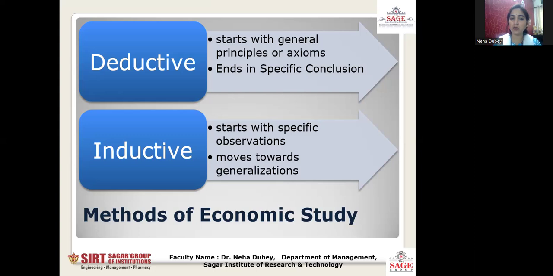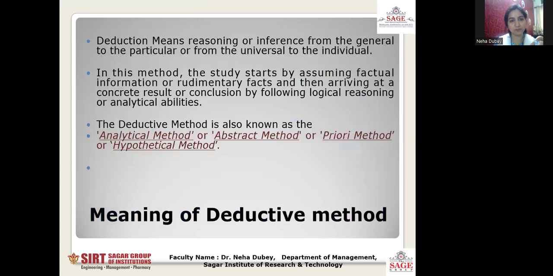Induction means we are going in a proper direction by following certain specific observations to the conclusion so that we can generalize it. In a deductive way, from the broad category or the broad areas we find out the observations or the hypothesis, and we come towards narrowing down to a specific conclusion.